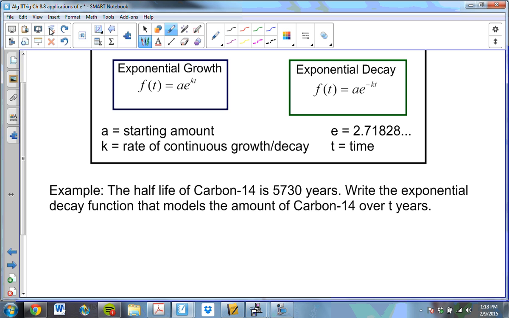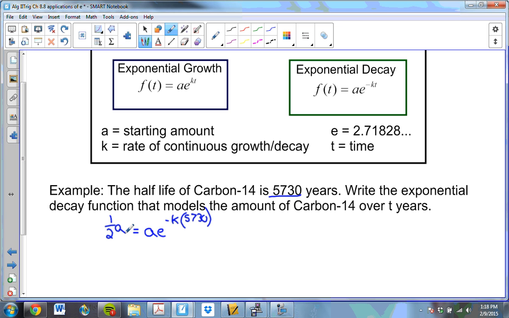So the half-life of carbon-14 is 5730 years. So that means that if we start with, let's just say, A, that's our amount of carbon-14. If we start with that much, we'll call it A for amount. Well, I know that after 5,730 years, I'll have half of what I started with.